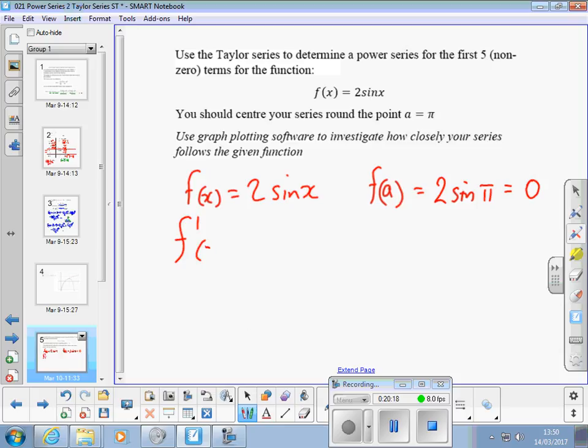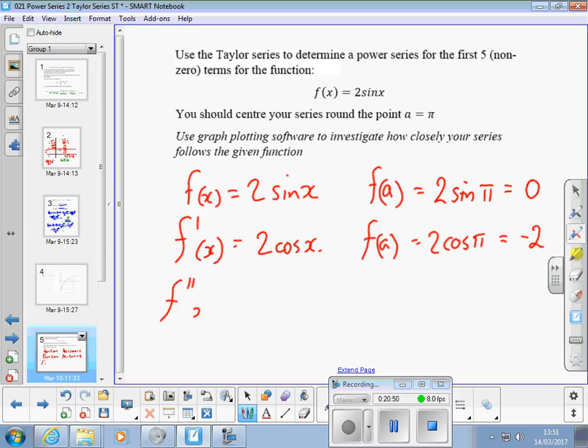F dash is two cos x, two cos pi, because the cosine of pi is -1, yeah.